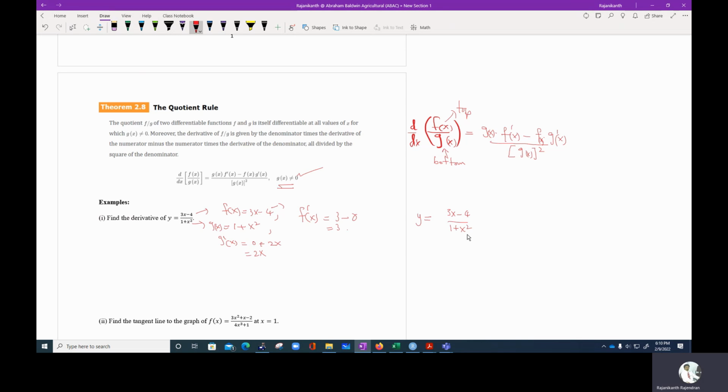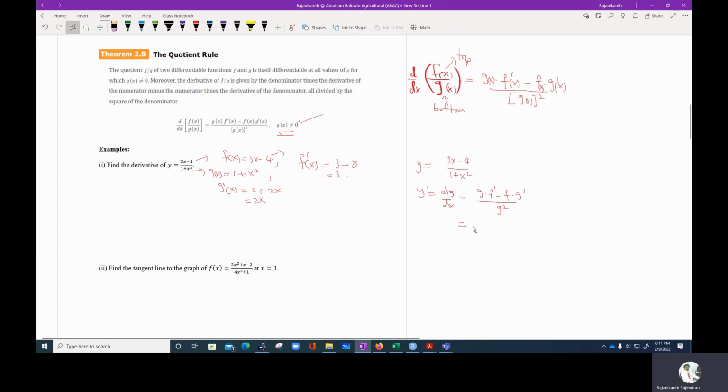So the derivative of this function, that is simply y prime or dy over dx, is nothing but, I'm using this formula. The formula says that this is g times f prime minus f times g prime over g squared. Okay, so let us plug in the values now.